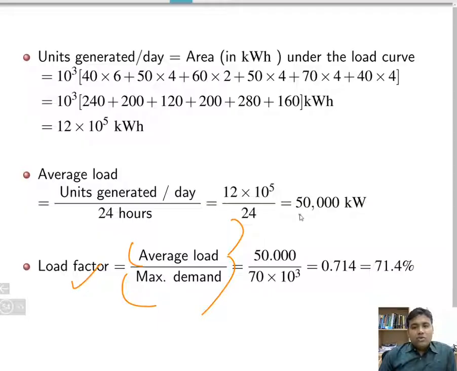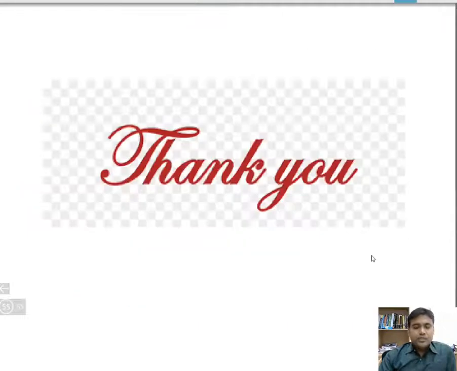So average load is 50,000, and peak load is given to be 70 into 10 to the power 3 from your load curve. So you are getting 71.4%. That completes the second tutorial on power system load characteristics.